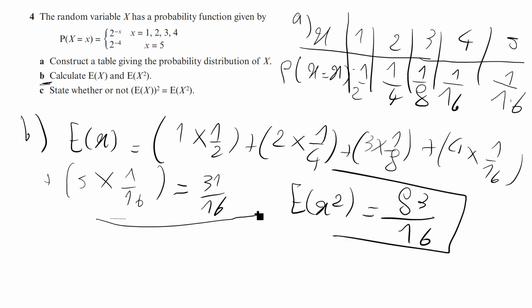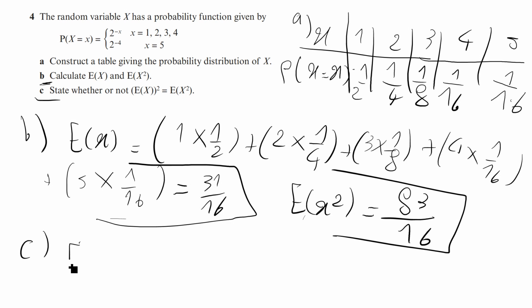So by this time you've probably understood this well, and I don't see any reason to just repeat the same thing again. Okay, now part C, which is again the same as the previous question. So it's asking to state whether or not E of x squared is equal to this. Okay, so this is the value of E of x squared, and now for this value we need to square this one.